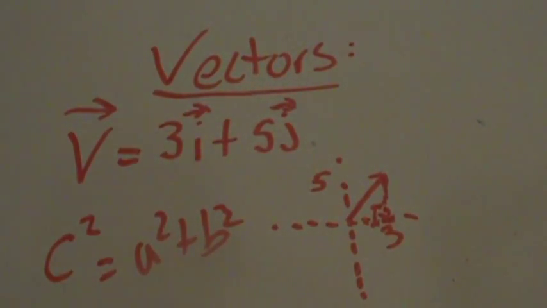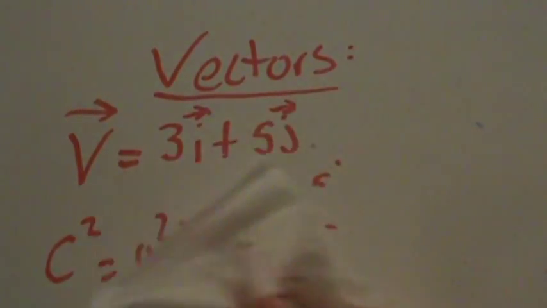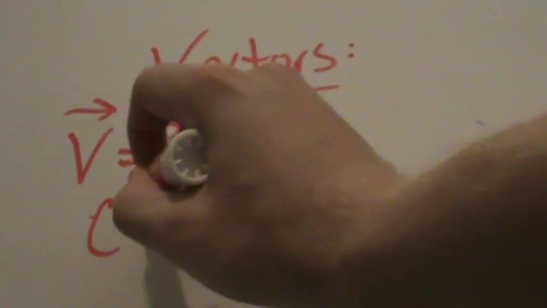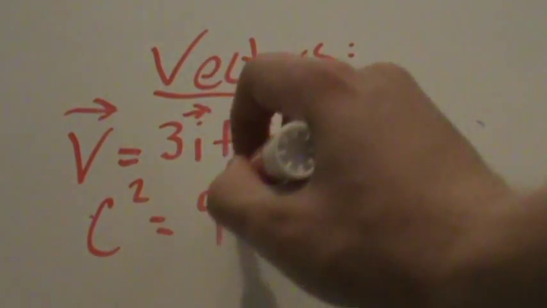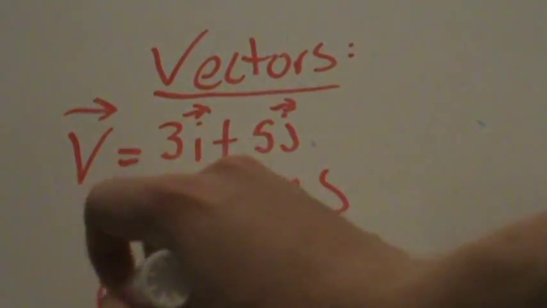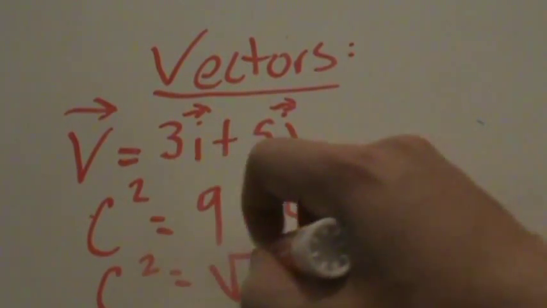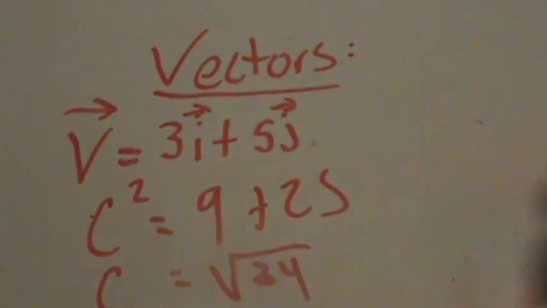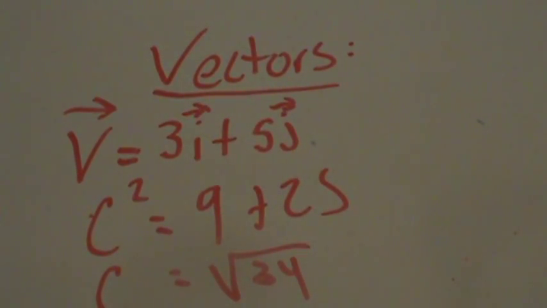Okay? So when we do that, we figure out that c squared has to be equal to 9 plus 25. So c squared is equal to 34, which is the simplest manner you can write it, so c is equal to the square root of 34.